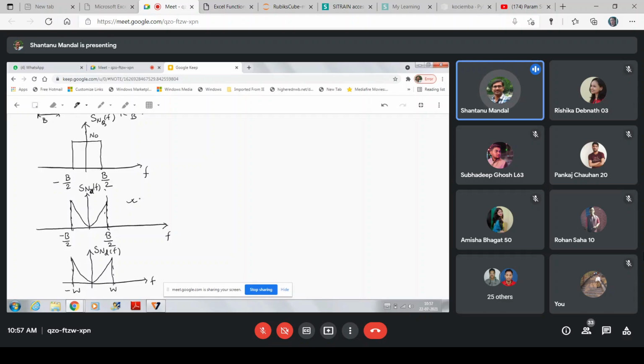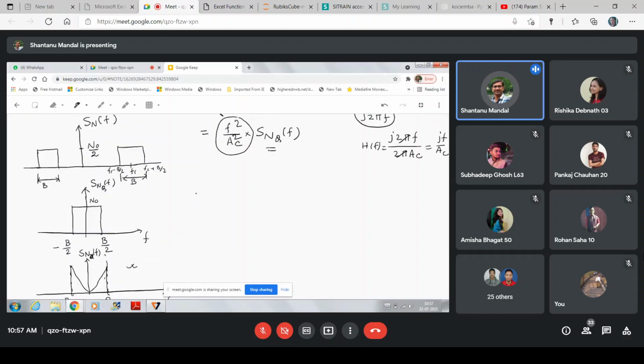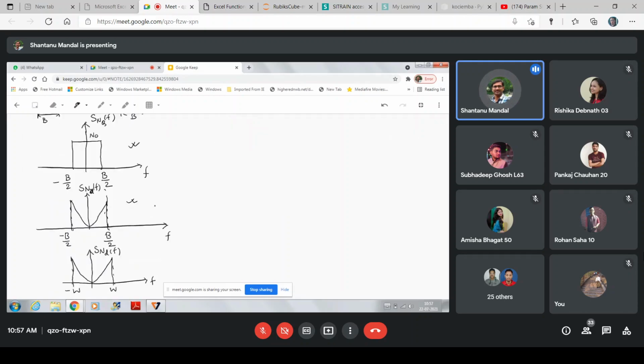Now we have to write down. This is the noise part, that is, the white noise. This is the quadrature component of the white noise, this is the PSD of the discriminator output, and this is the PSD of the low pass filter output.